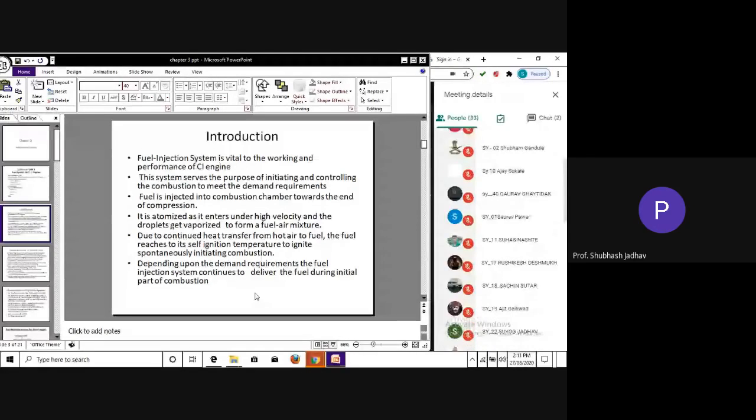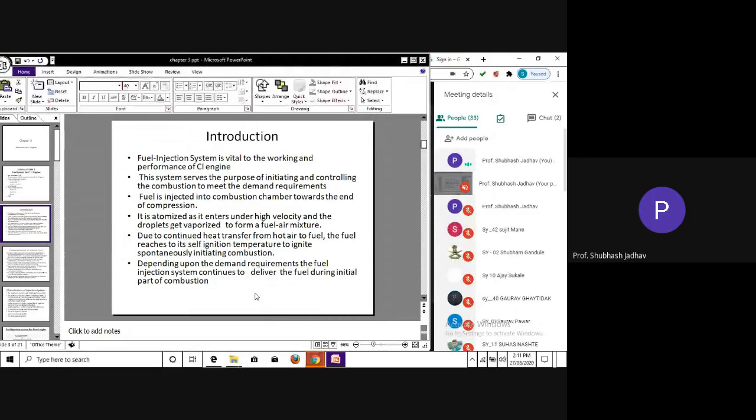So obviously, we know the fuel is going to be delivered directly into the combustion chamber, and as per the requirement of the power, we are going to change the amount of fuel injected into the combustion chamber. In other words, we say we are going to change the quality of the mixture delivered to the combustion chamber.